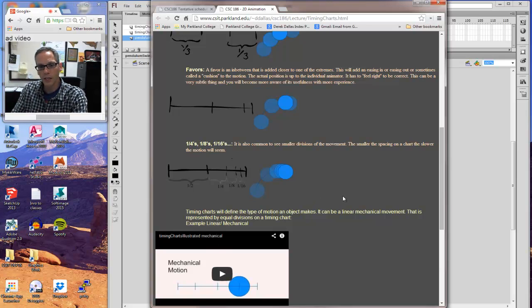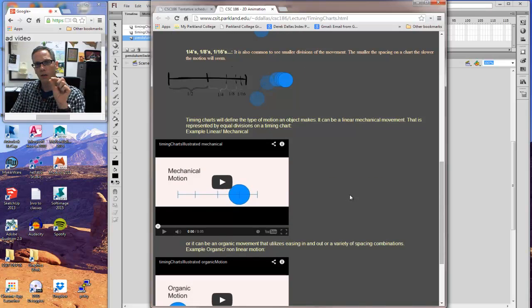And so what I want you to think about is that depending on how you arrange your timing charts, it can create different feels. So when I have equal divisions of movement, I have my extreme here to there, a breakdown, and then a breakdown, I get mechanical, even motion with no variation. It's very linear.